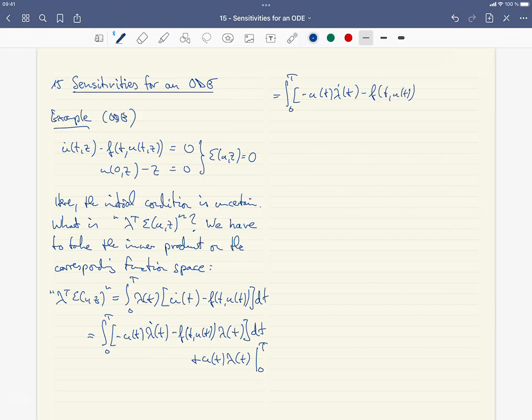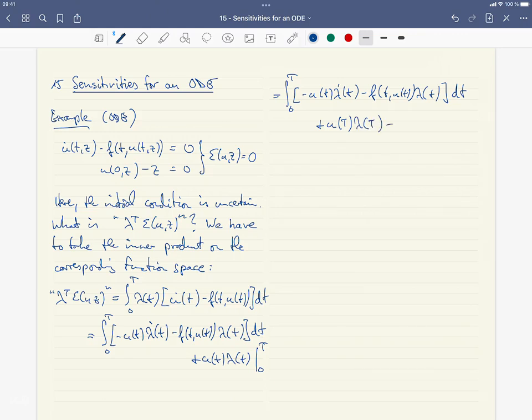And I would recommend that you try the other way yourself. Add an additional multiplier for the initial condition and compare what you're actually getting. Ultimately, you should get the same result, because it's just a different way of modeling this.